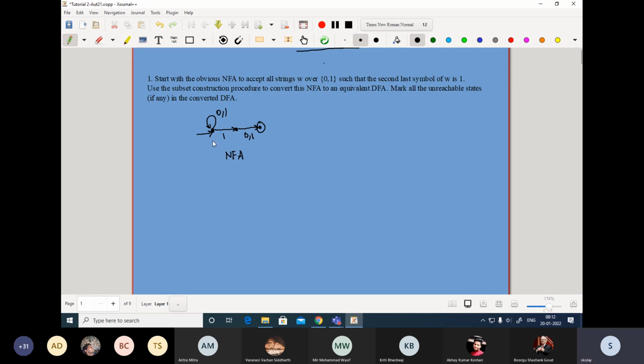So I'll just name the states P, Q, R. And I want an M. Let's call this Q. So sigma will just be 0, 1. So you have to specify these things.